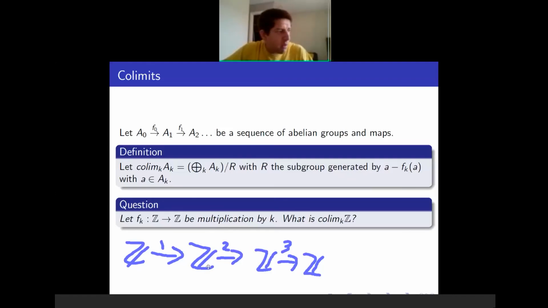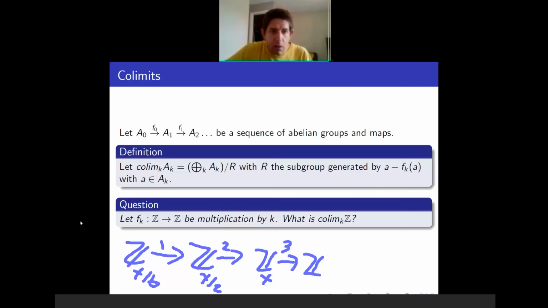Maybe what we should think is, if I have x here, I can think of x as x over 2 here. And then I can think of it as x over 6 here. Certainly if x is divisible by 6 here, then it will be identified with that x. But 5/6 is not an element here. Is this in the spirit of what you're saying?